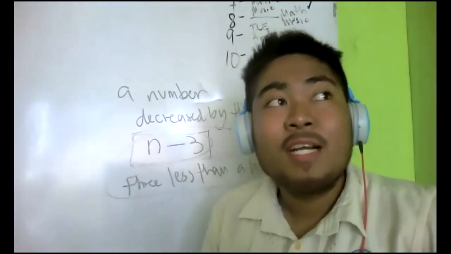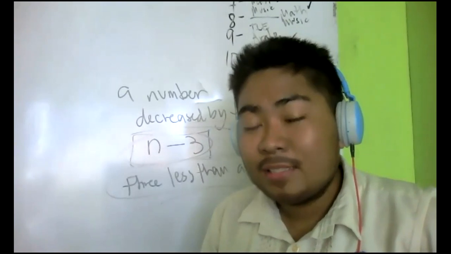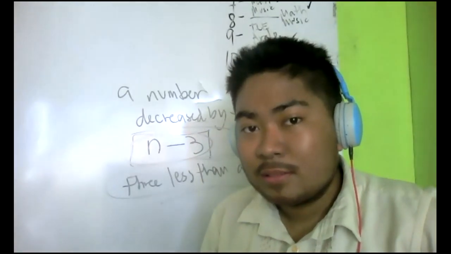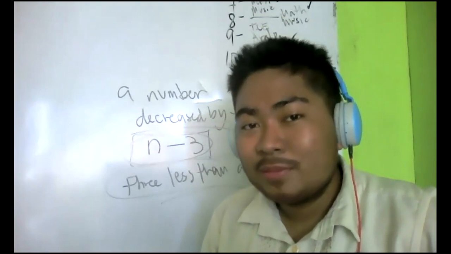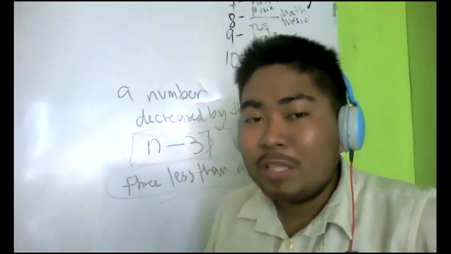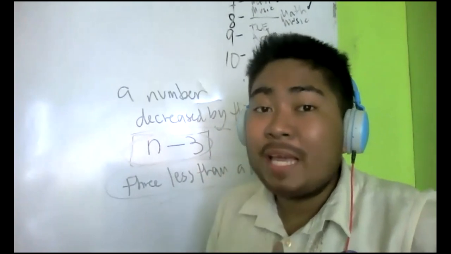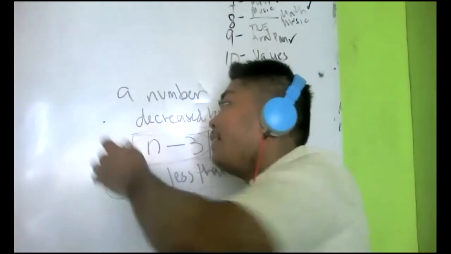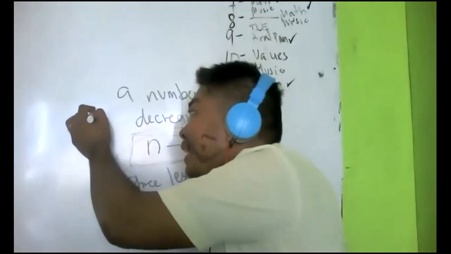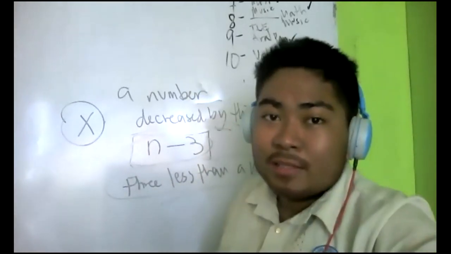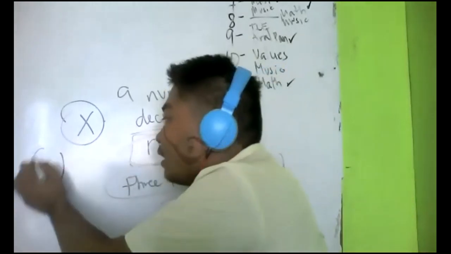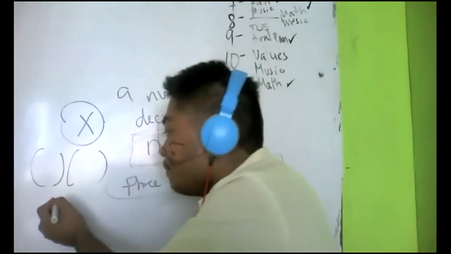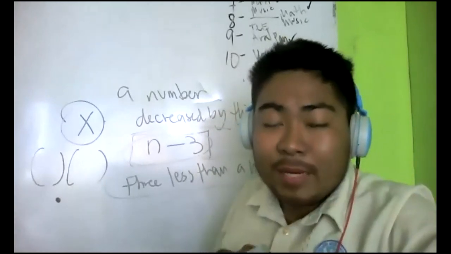That would be 4x. Nakuha? No need to add the other number. Wala namang i-add. Always remember, ang multiplication natin for algebra is this sign. Hindi natin pwedeng gamitin si x. So for multiplication, you can use close and open parenthesis or the symbol dot. Nakuha?